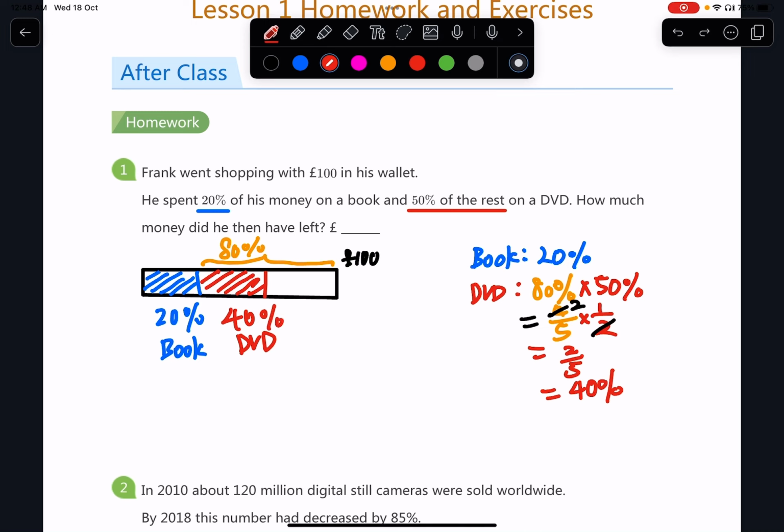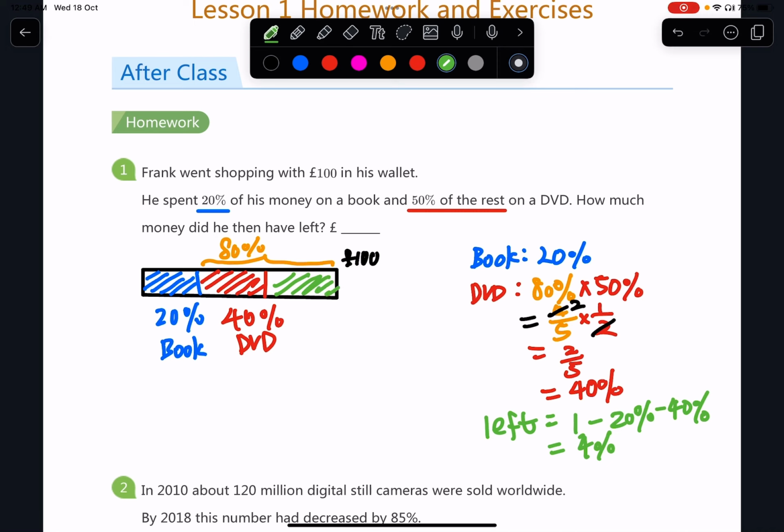Okay, so how many percent is left? The percentage left must be 1 minus 20% minus 40%, which equals 40%. So we have 40% left. So 40% equals how much money?